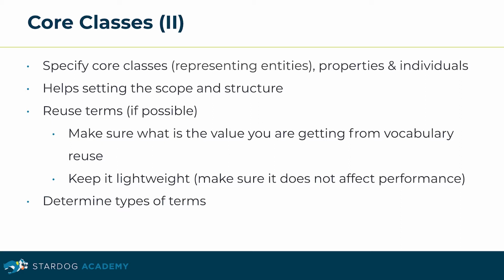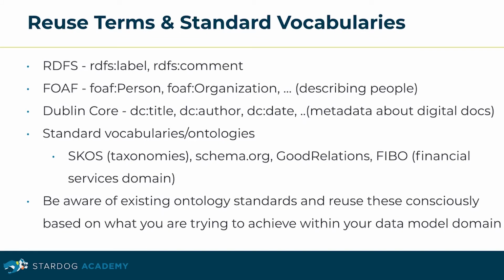The reuse of terms is possible, and it's also recommended, but we should make sure that it provides some type of value that we can get from this vocabulary, while we make sure that the ontology model is still lightweight and we avoid issues that affect the performance of our knowledge graph or the query performance. Lastly, we should determine the types of terms. So let's look into more detail about what kind of terms we can reuse and what kind of standard vocabularies exist out there.